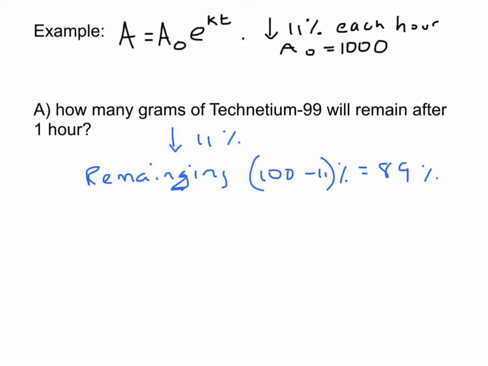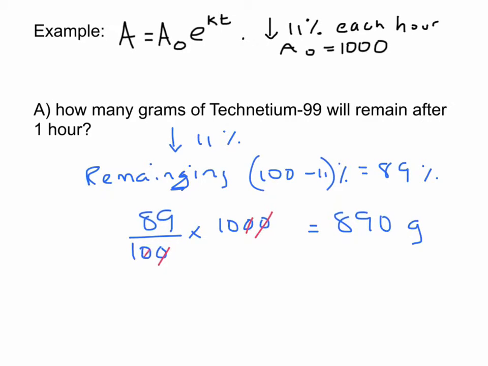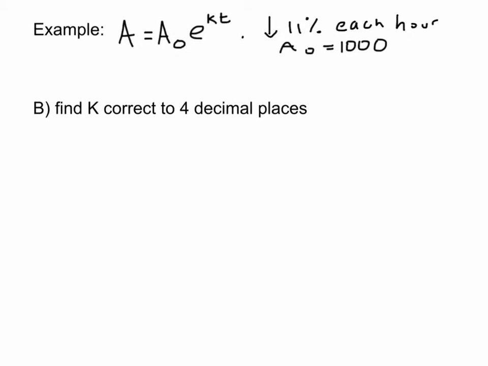So what's remaining after 1 hour is 89 over 100, which is 89%, times 1,000 grams, which works out to be 890 grams. If you like to see the cancelling, these cancel, those cancel, and that gives me 89 times 10. Now to find k correct to 4 decimal places, you need to use the previous information. That was when t equals 1 hour, we had 890 remaining grams of technetium.